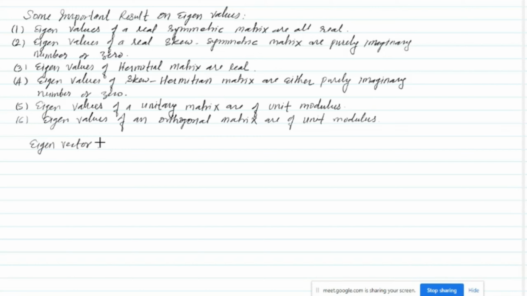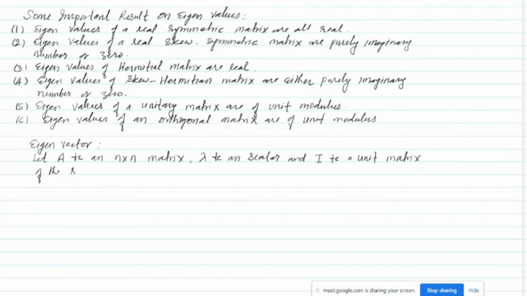What is the eigenvector of a matrix? Here, let A be an n cross n matrix, lambda be a scalar, and I be the unit matrix of the same order as matrix A.